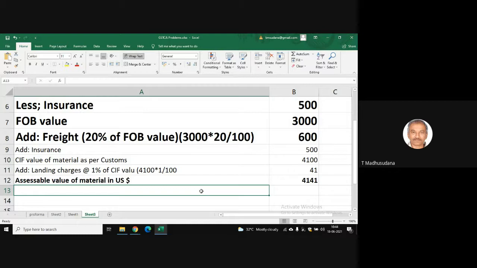The exchange rate of CBEC will only be taken into consideration for conversion of the assessable value from US dollars to Indian rupees.